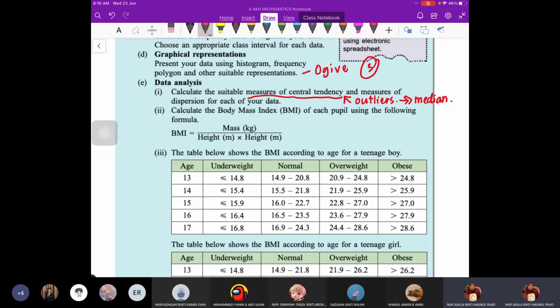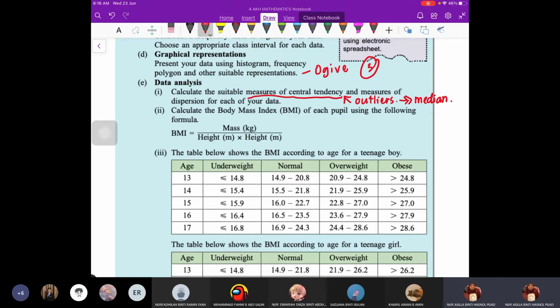Kena buat mean. Okay, so here is what we do. Statistics people do adalah bila dia identify outliers dalam report dia, dia akan bagi tahu outliers tu. So dia bagi tahu median and then dia kena terangkan kenapa outliers tu boleh ada.